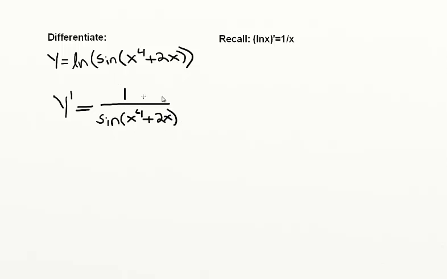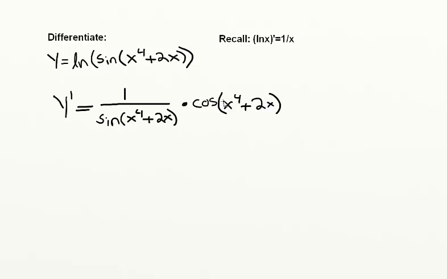There's our first step. Now, by the chain rule, we have to multiply that by the derivative of what's inside this natural log function. What's inside the natural log function is a sine. So the derivative of sine is cosine, but instead of x in the middle, we have this x to the fourth plus 2x. So we're just going to add that right in there.